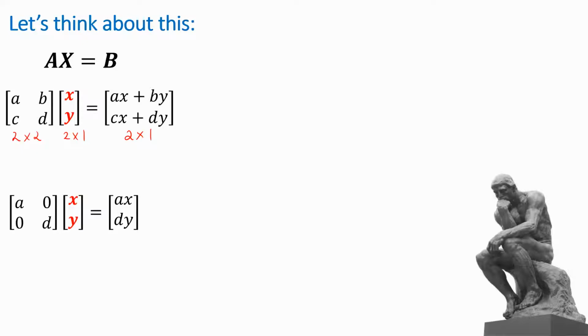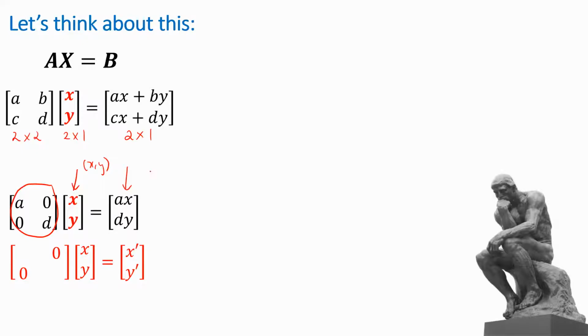Why is this cool? Because this now represents your X and Y coordinates. This represents what you're going to multiply to the X and Y coordinates to get this, which is your new X and new Y. So another way of thinking about it is I'm saying X, Y maps to AX, DY.